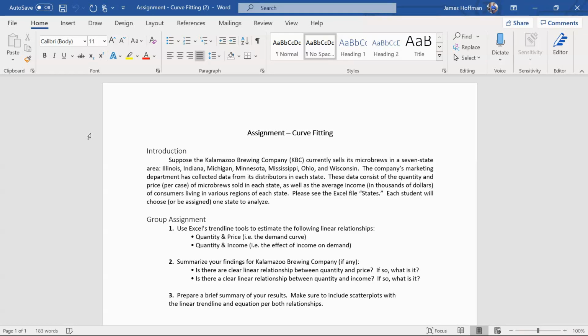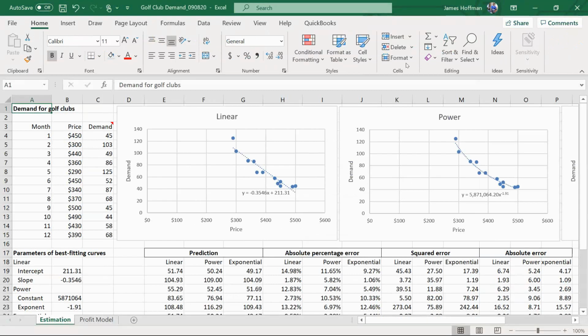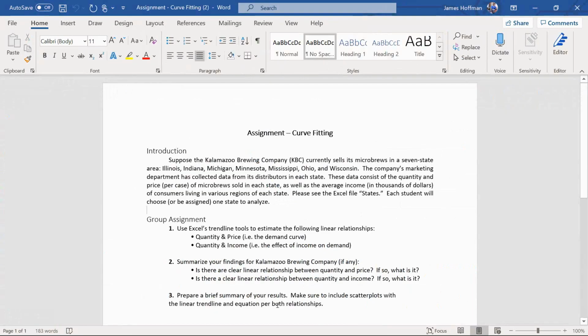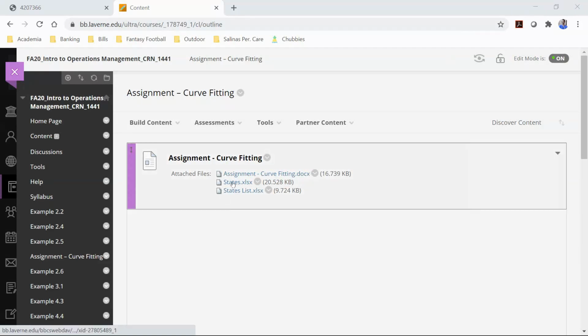So if you go back to the Blackboard page. All right, so open up this one state file.